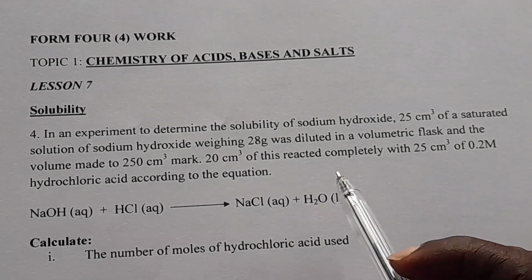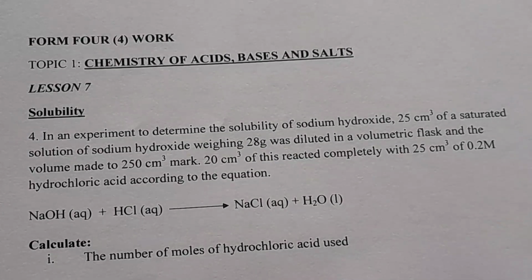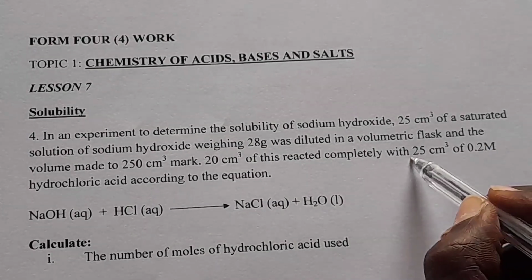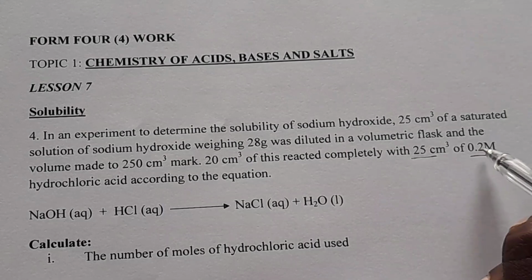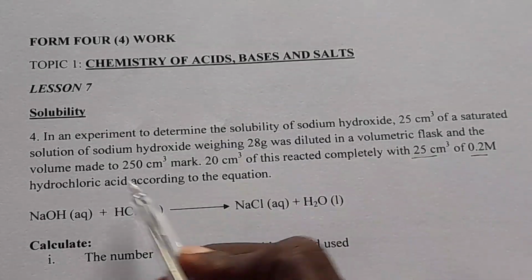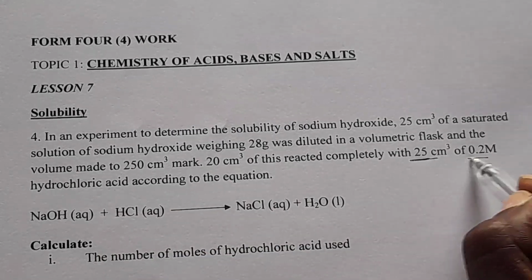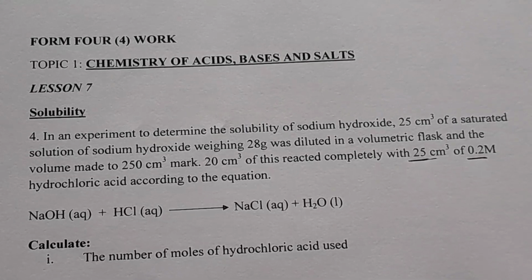A standard solution is a solution whose concentration and volume are known. In our case here, we have 25 centimeter cube of 0.2 molar hydrochloric acid. So hydrochloric acid is the standard solution because we have its volume and also its molarity or concentration.